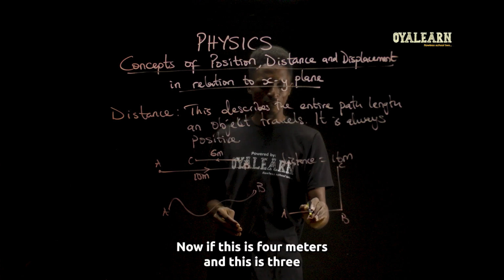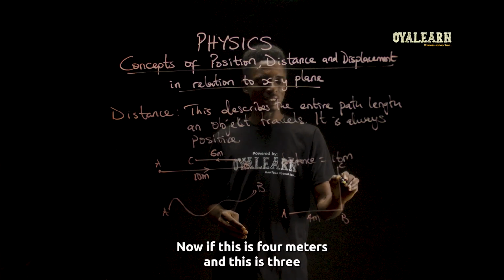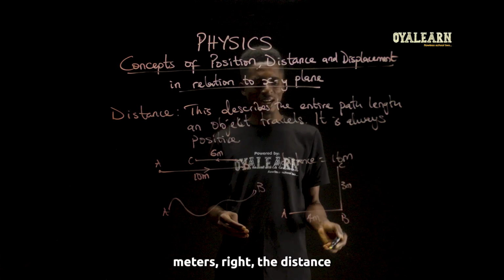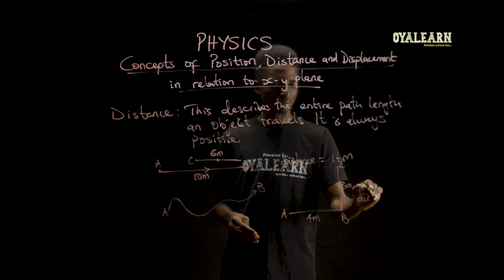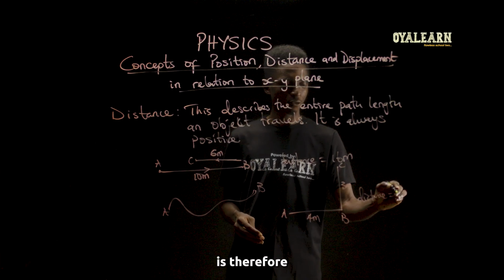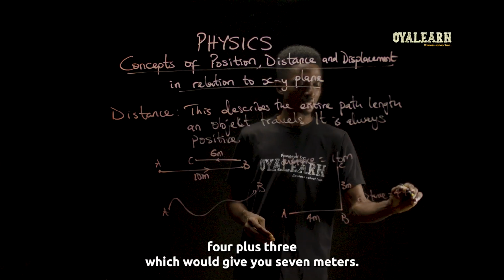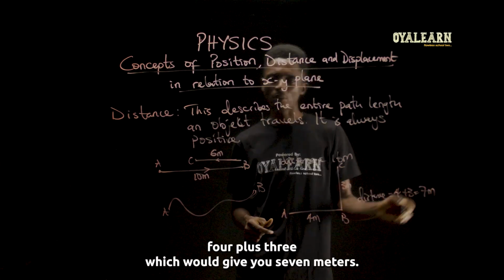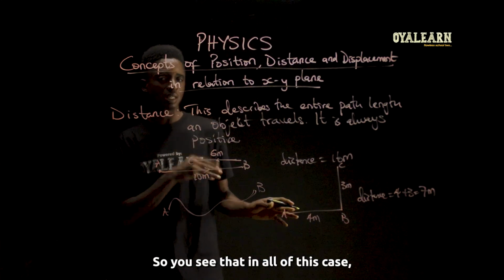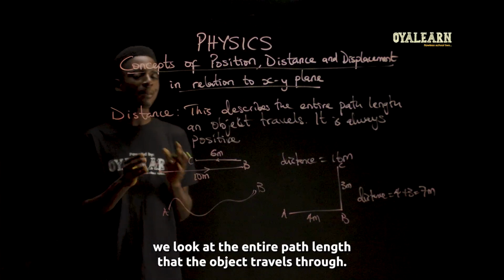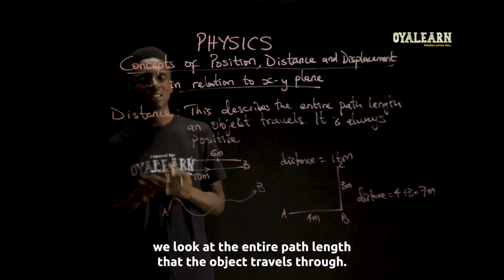Now, if this is 4 meters and this is 3 meters, right? The distance is therefore 4 plus 3, which will give you 7 meters. So you see that in all of these cases, we look at the entire path length that the object travels through.